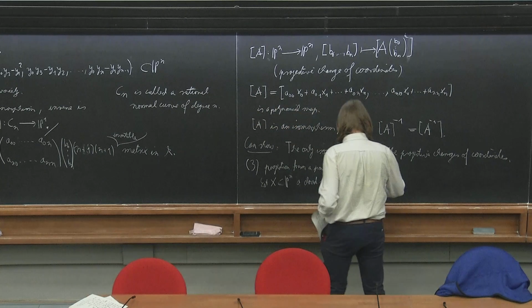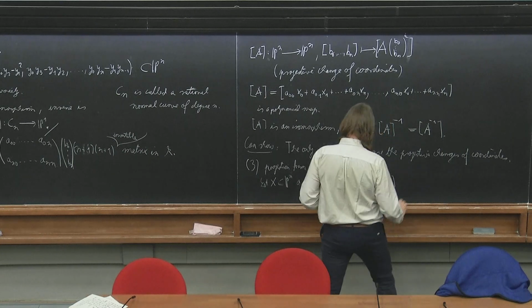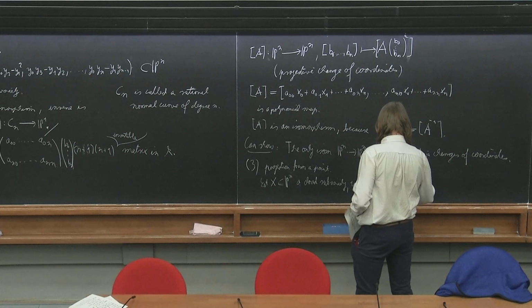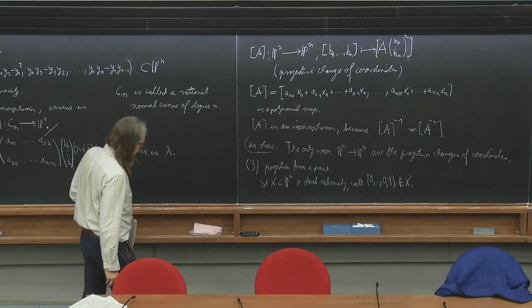So such that the point 0, ..., 0, 1 is not in X. Then one can do what is called projection from this point.